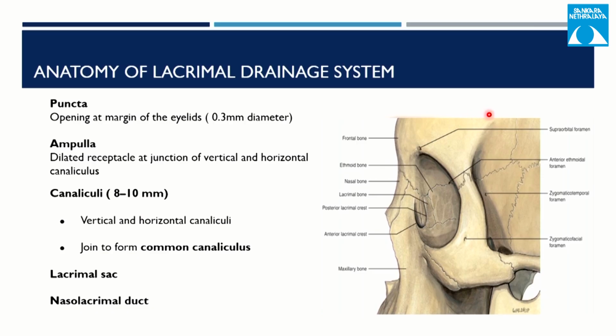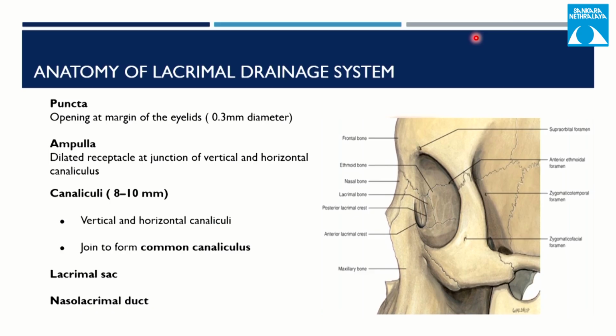Yes, it's a sinus, right? If you make a hole in this fossa, you'll go into the nasal cavity, right? So you can actually damage the ethmoid bone during a DCR. Sometimes even this bone you can damage.